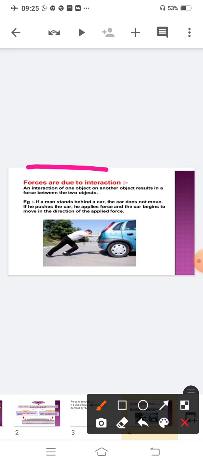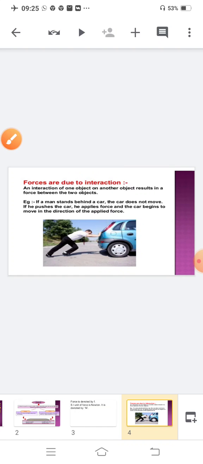For example, if a man stands behind a car, the car does not move. If he pushes the car, as you see in this picture, he applies force and the car begins to move in the direction of the applied force.